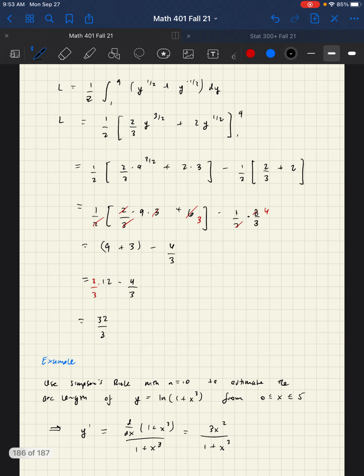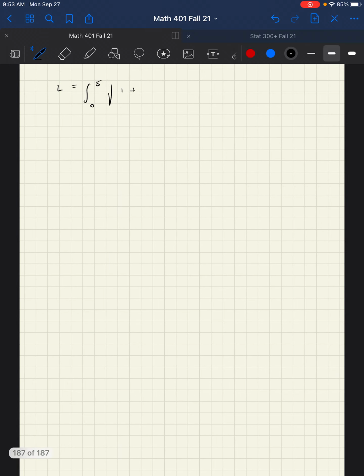And when we plug that into the formula, literally L is equal to the integral from 0 to 5 of the square root of 1 plus 9x to the 4th over 1 plus x cubed squared. Well, can't do too much about that. We're going to leave that as that. Oh, and by the way, when you're setting this up for Simpson's rule, since you're using a calculator, calculators are terrible at division.